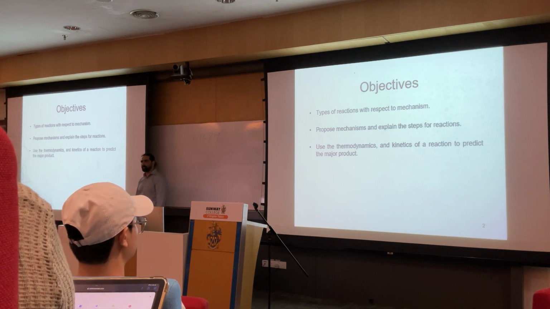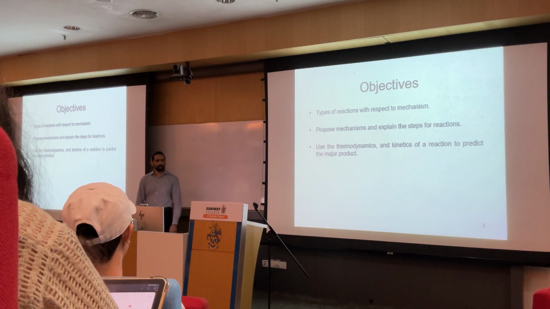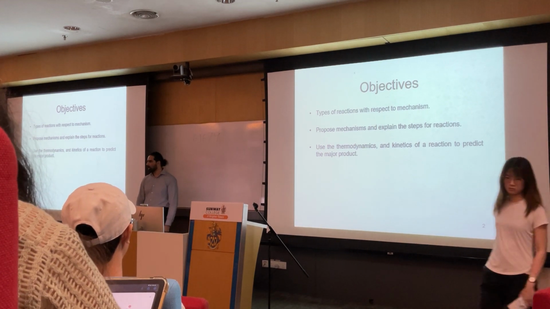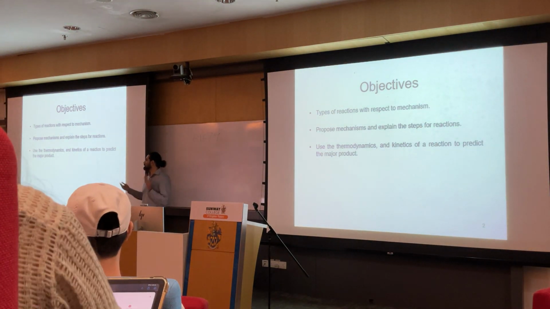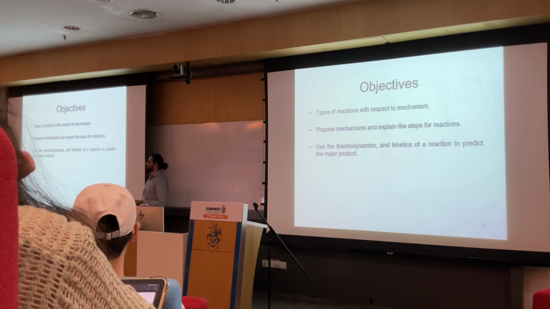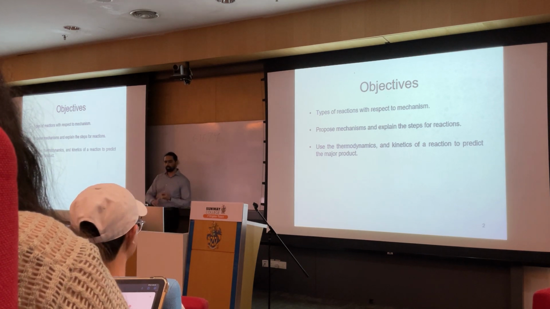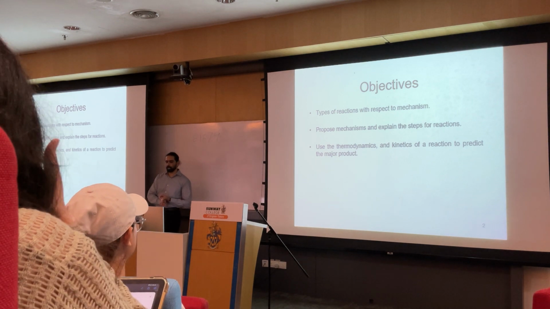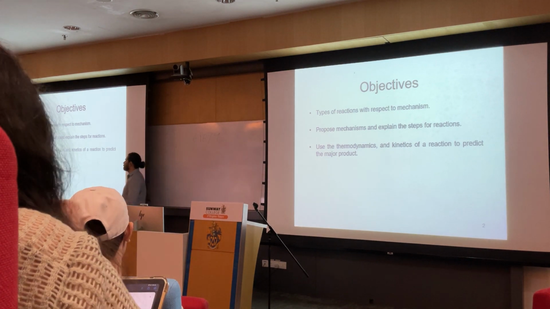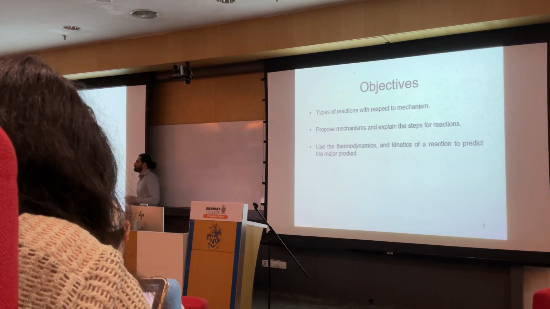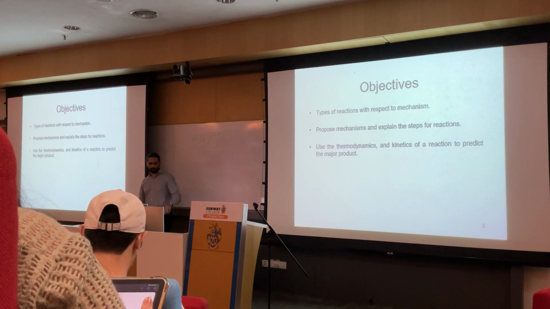Then we also want to develop some expertise in explaining or suggesting the mechanism of a given reaction. So how can we do that? And finally, we will use some principles of thermodynamics and kinetics of a reaction to predict the progress of the reaction. These three things are the overall learning objectives in this chapter.